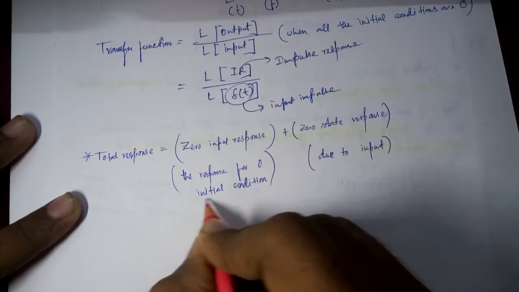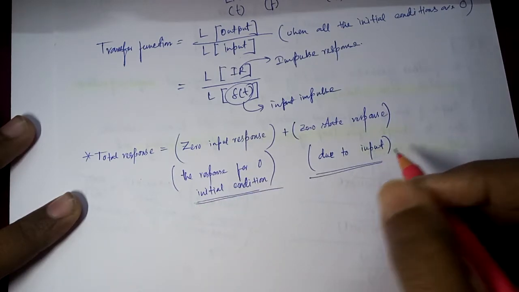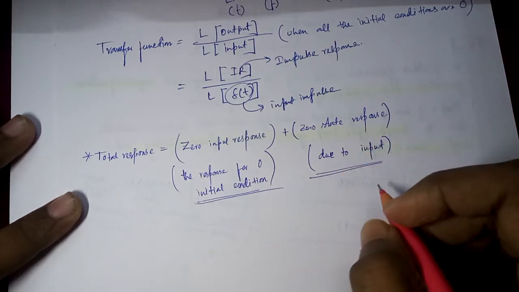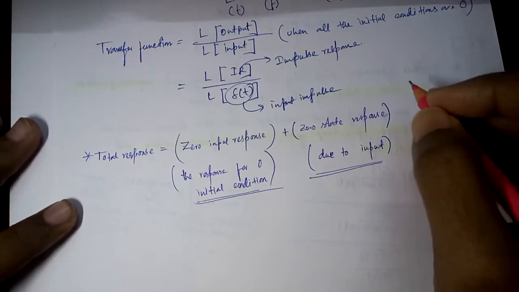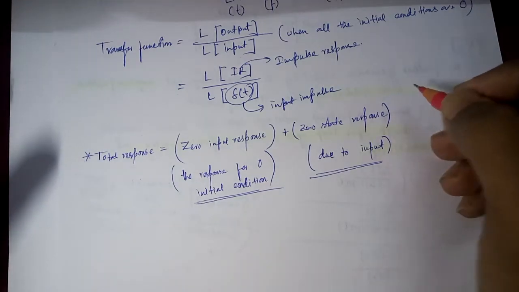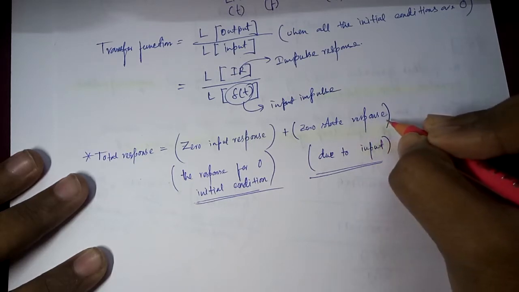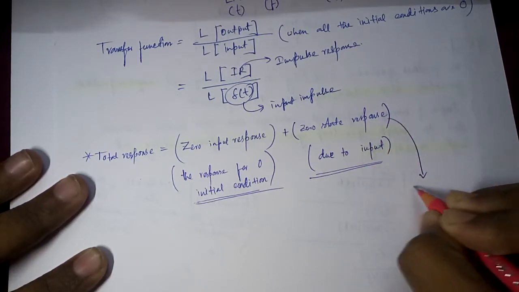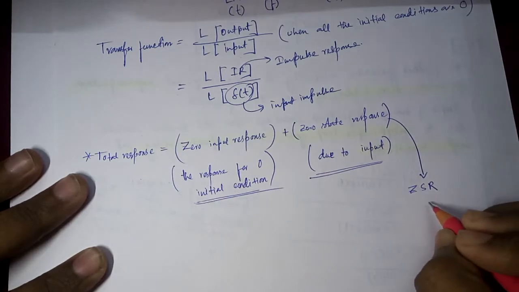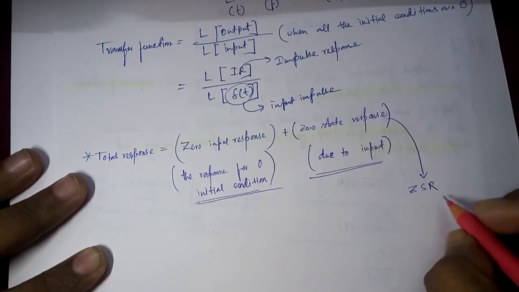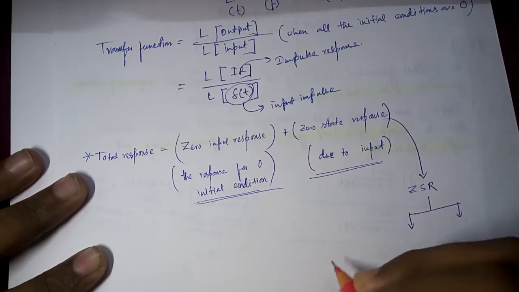So these things might be making some difficulty for you, but I am explaining this very easily. The difference between these two statements seems kind of similar, but it is not at all similar. And one more thing, this zero state response consists of two kinds of responses.